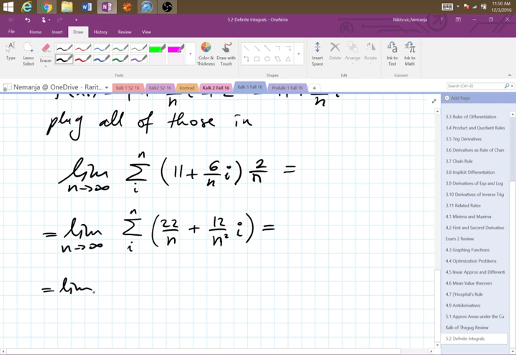The limit stays, which is now limit applies over the summation i to n of 22 over n plus summation i to n of 12 over n squared i.